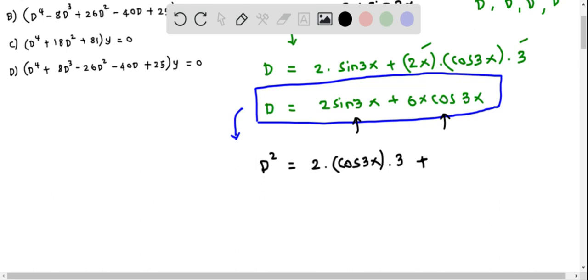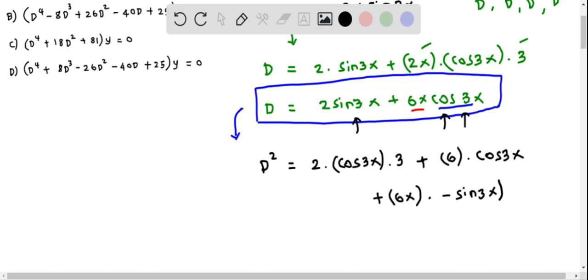Now let's differentiate the second term. Here we have to apply the product rule once again, considering 6x as the first term and cos 3x as the second term. We differentiate 6x first, which is 6, multiplied with cos 3x, and then I put the 6x as it is and multiply with the differentiation of cos 3x, which is negative sine 3x.